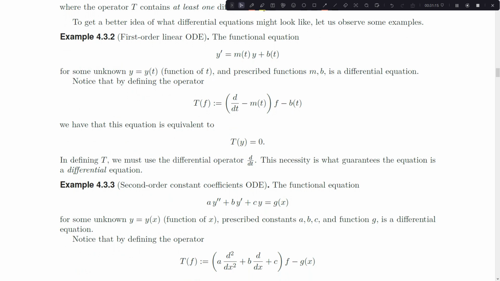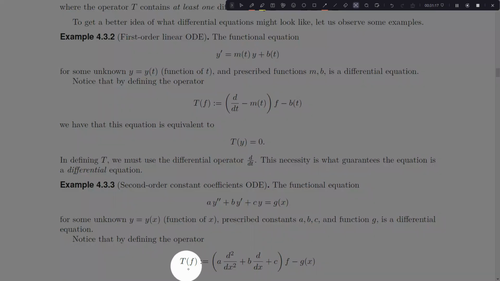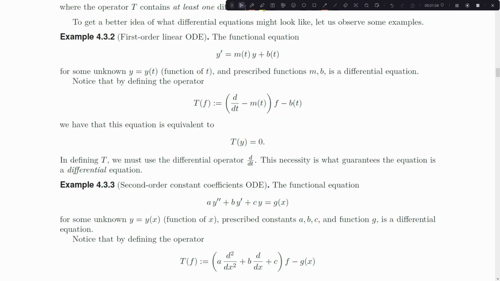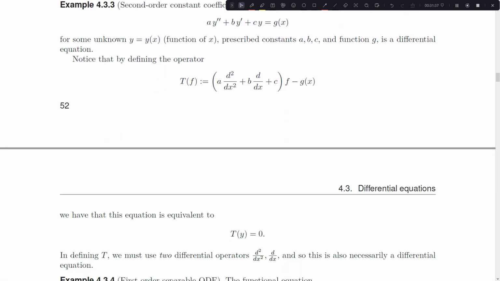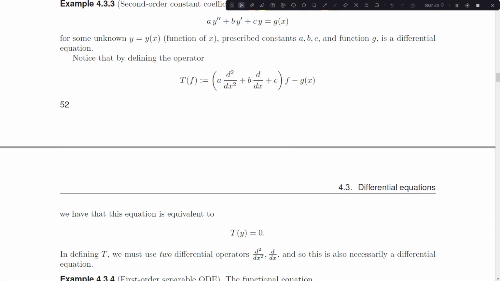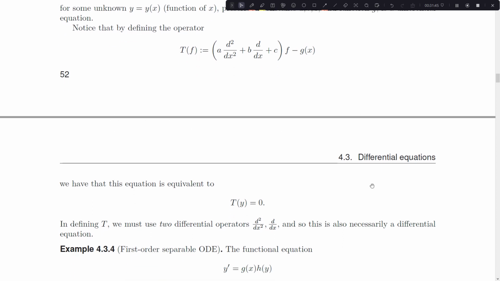If I now define the operator T to operate on functions f as a times two derivatives plus b times one derivative plus c times 0 derivatives, all on f, minus some prescribed function g, then that's going to give me the same equation that I started with, so long as I set T of y equal to 0. Right, so T of y equal to 0 under this definition of T gives me exactly my differential equation.